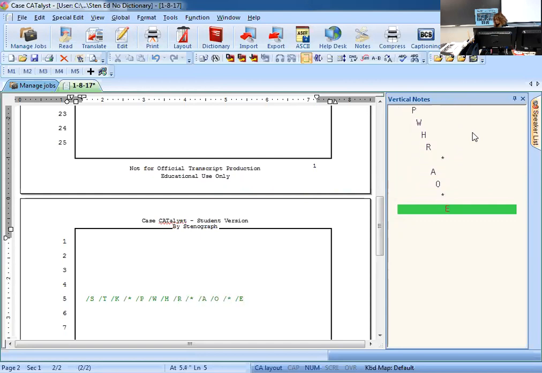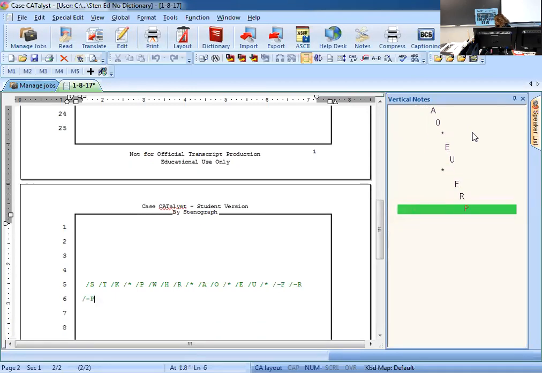Asterisk, E-U, asterisk, and then now we have a hyphen preceding the F. So that means it's on the final side. You don't need to look for a hyphen and write it. It's just final F, final R, final P, final B, asterisk, and then final L. That's what that little hyphen denotes, that it's a final character.